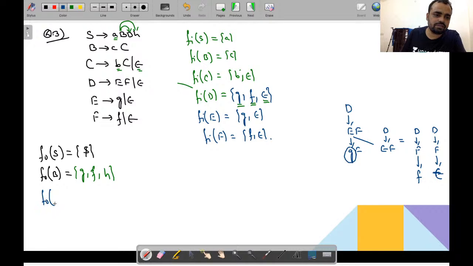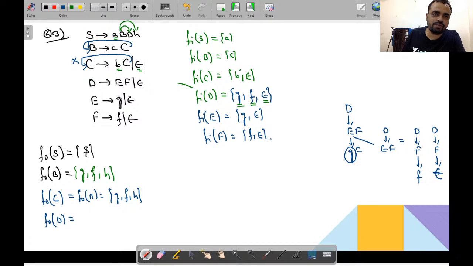Similarly, what is the follow of C? From here the follow of C is equal to follow of B, and from here the follow of C is equal to follow of C. So from here nothing will be derived, but from here the follow of C is equal to follow of B, and this is nothing but G, F and H. Similarly, just try to find out the follow of D. So where is the D appearing?